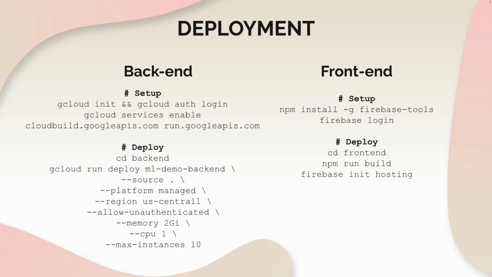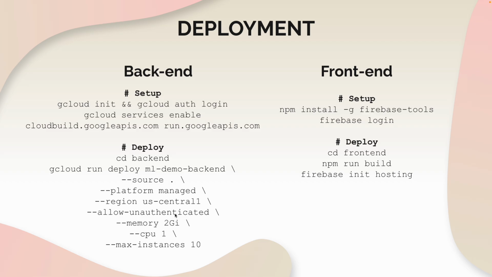And again, the deployment is explained in a lot of detail in the README file, but just to show you that it's not a lot of work: you first need to initialize both services, the Google Cloud and the Firebase service, and then you just run the command to deploy both the backend and the front end. The backend will take some time.